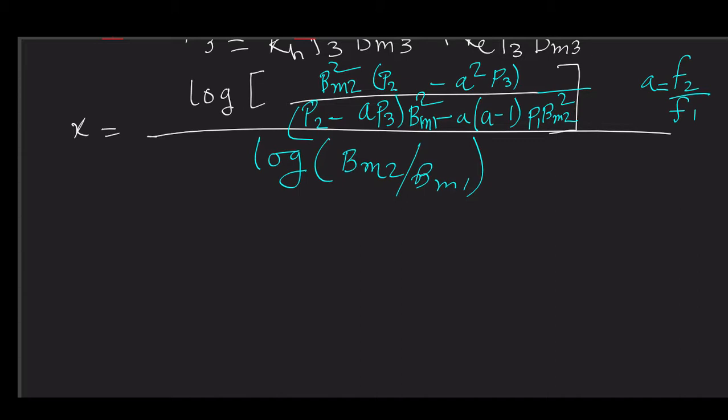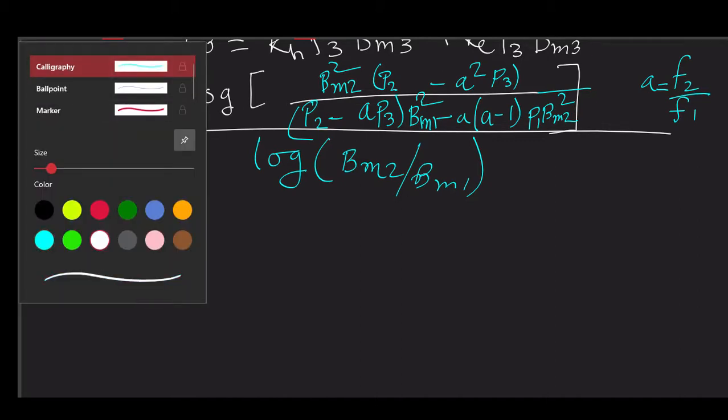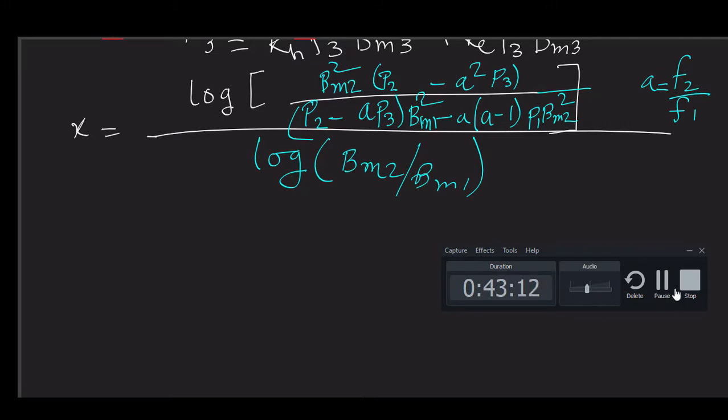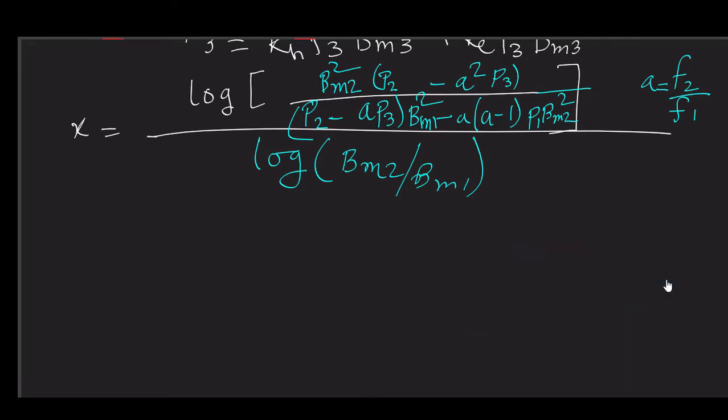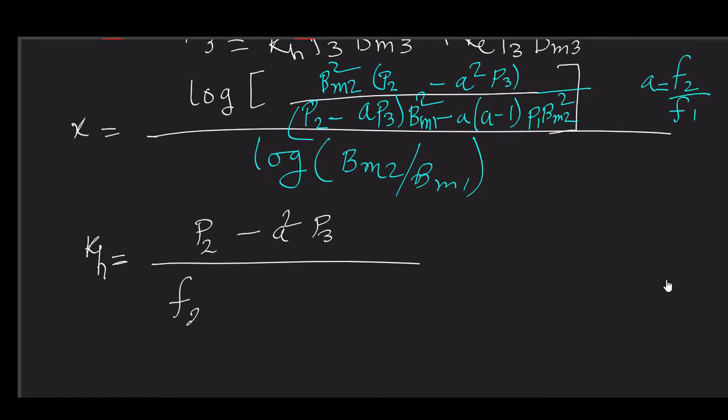Now KH will be, what about KH? KH is equal to p2 minus a square p3 over f2 times 1 minus a times Bm2^x.